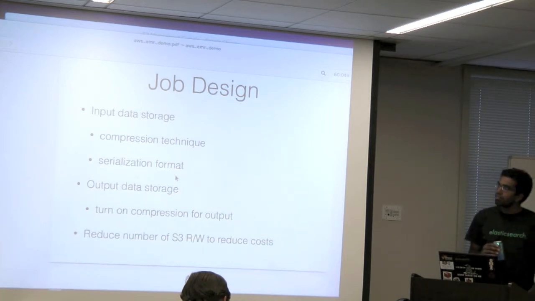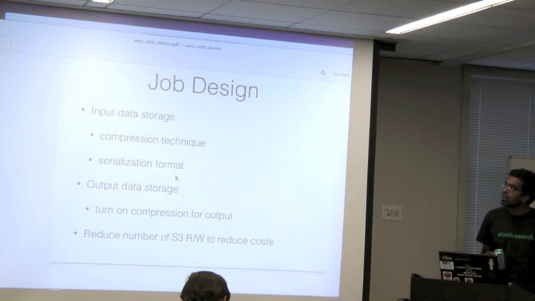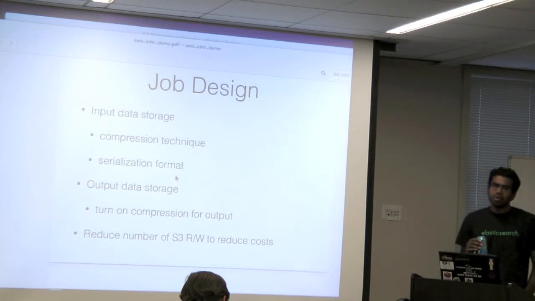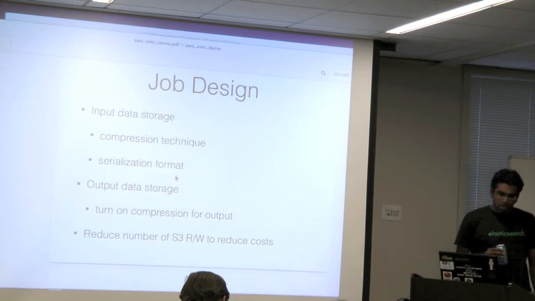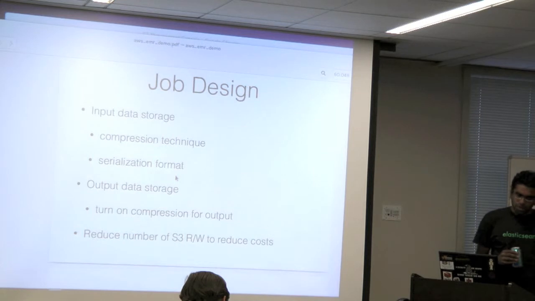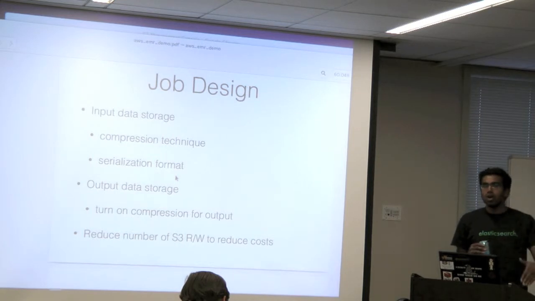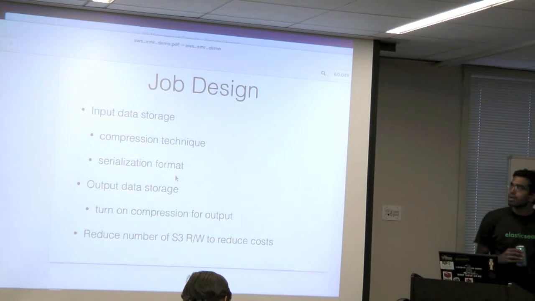So we need to be really careful with how we store the input data, which means the compression scheme and the serialization format. If you're aware of how Hadoop works in general, it's usually a good idea to allow your data to be split up into 64 MB or 100 MB chunks. It's just very optimum for the way it works.